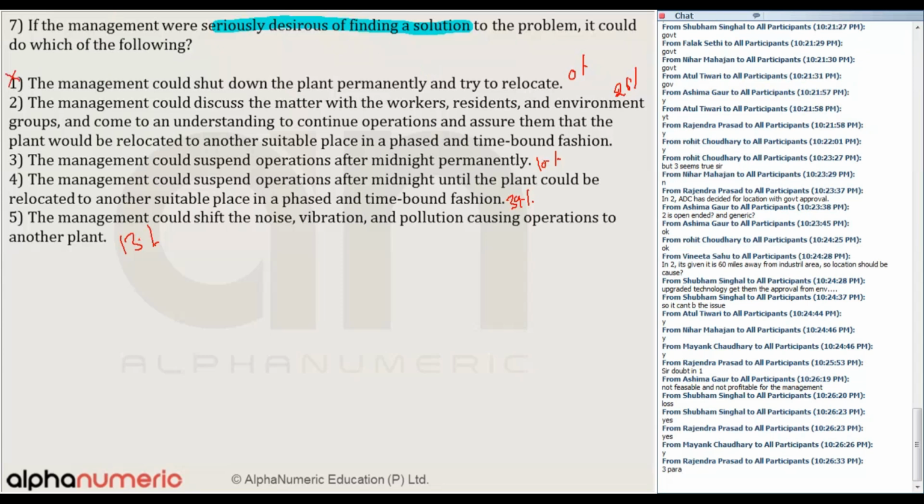Also remember one thing, Rajendra. If the relocation happens, what will happen to the 900 local people? What will happen to those 900 laborers? They are completely out of a job. So what are they going to do? Probably one example came to my mind, which happened in Mumbai a long time back, probably in the 60s and 70s. All the cotton mills were shut down.